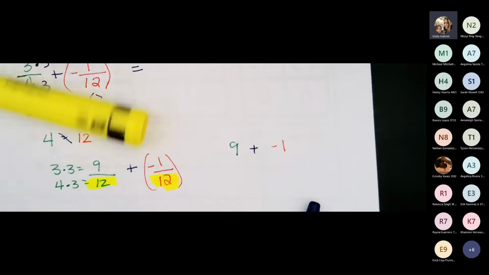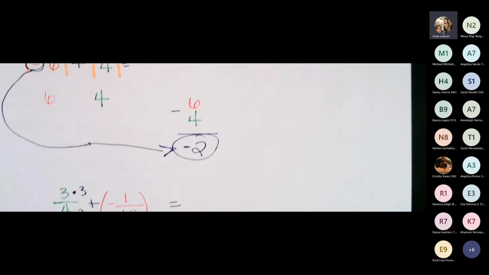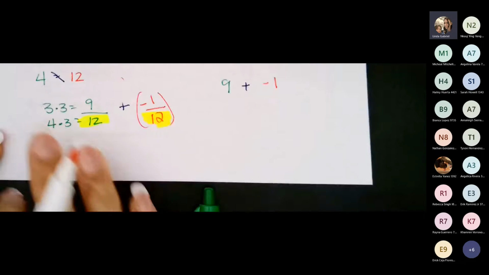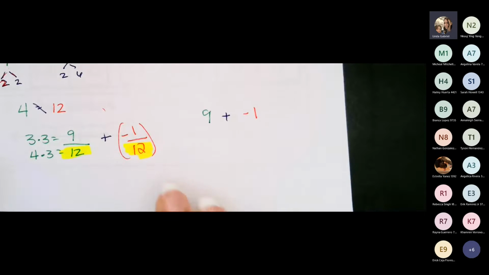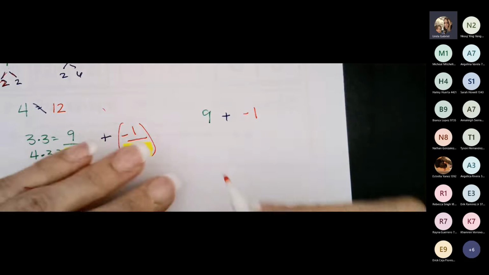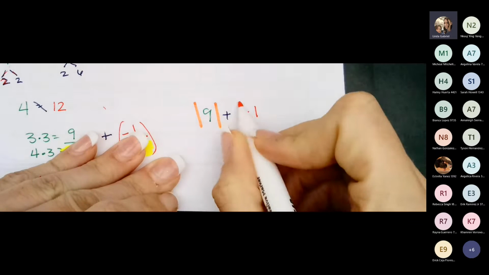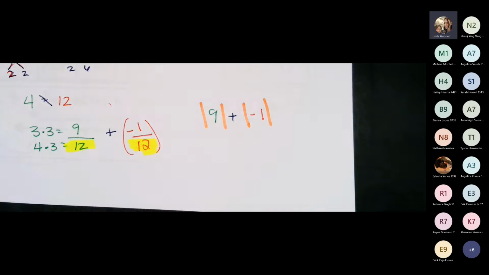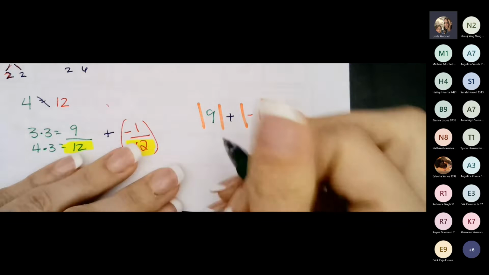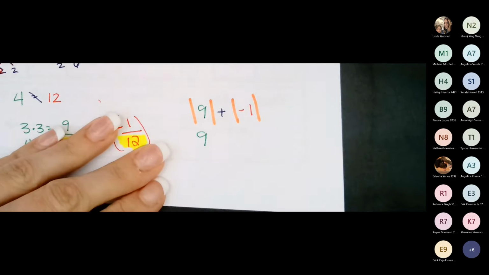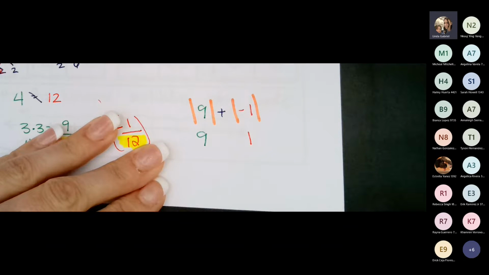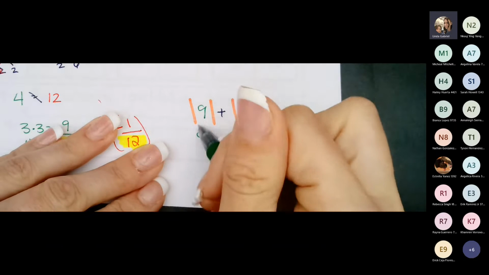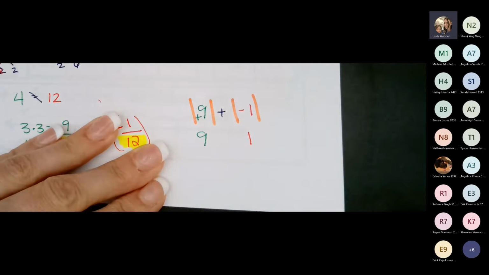I'm going to do the same thing that I did before with these other numbers that did not have a denominator larger than 1. Okay, I'm going to take the absolute value of 9, absolute value of -1. That means I have 9 and 1. Right? My larger number is going to be 9, so I know that my answer will be positive.